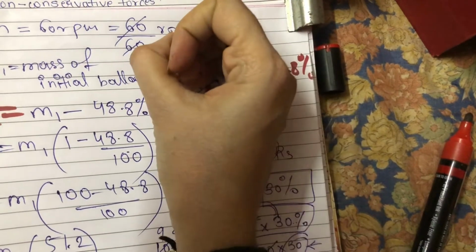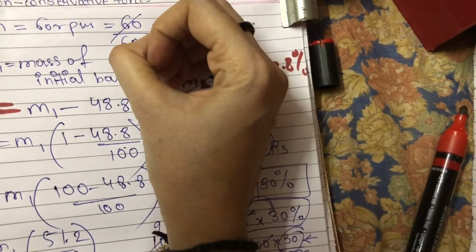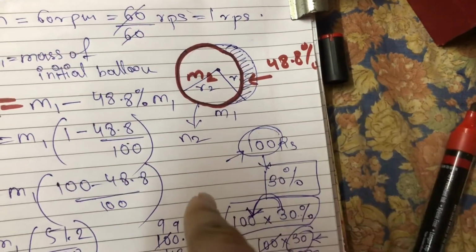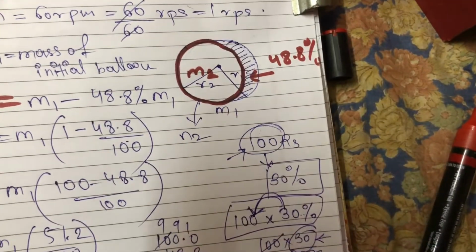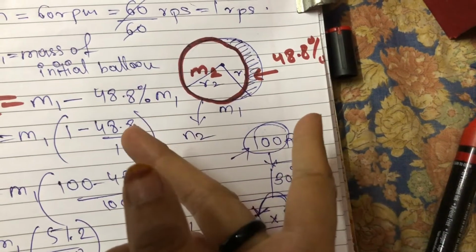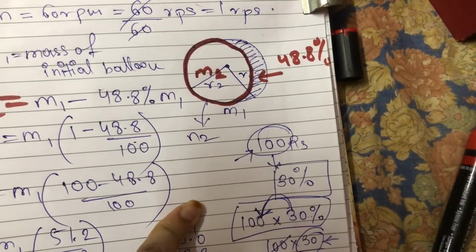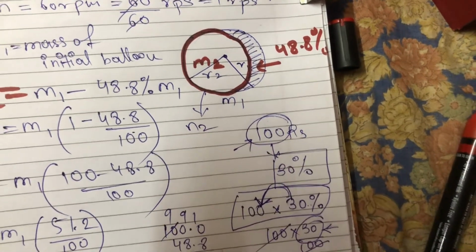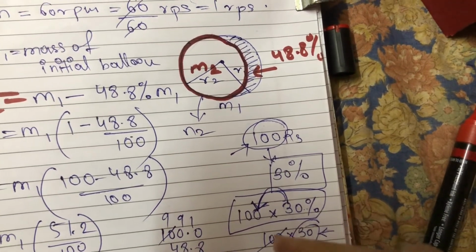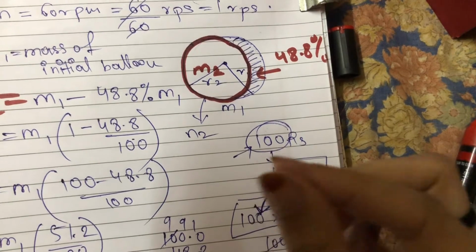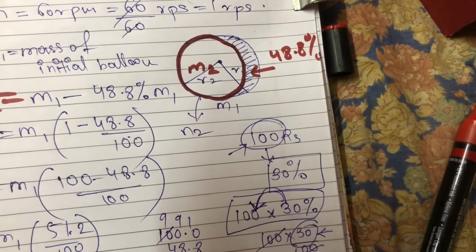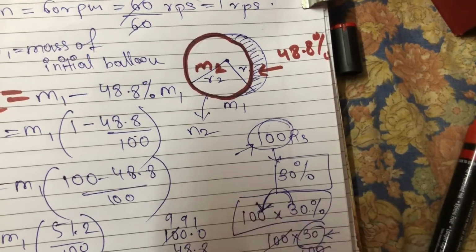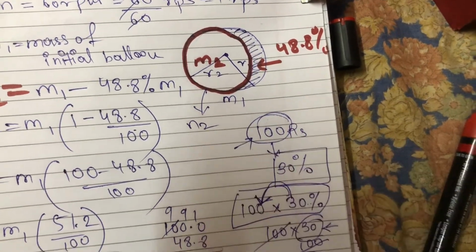The balloon shrinks, but the density of the material with which the balloon is made does not decrease. When will the density of the balloon decrease? When the balloon is stoned, when some part of the surface of the balloon is removed. Here, nothing from the surface of the balloon is removed. Only the mass of the balloon changes because the water has leaked.